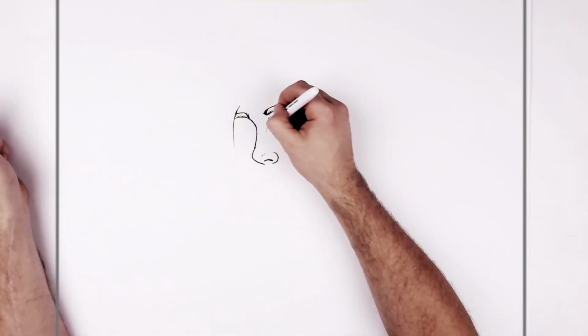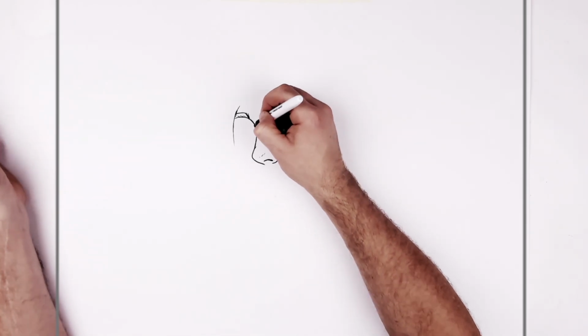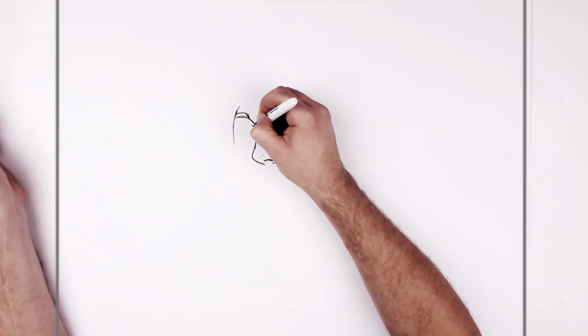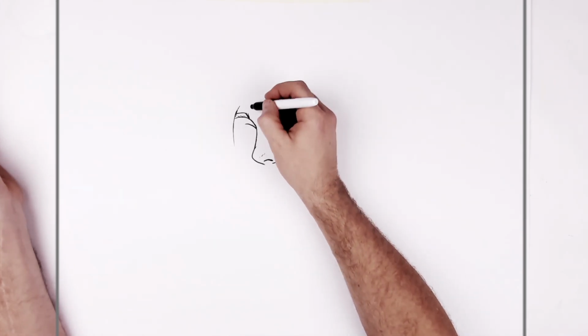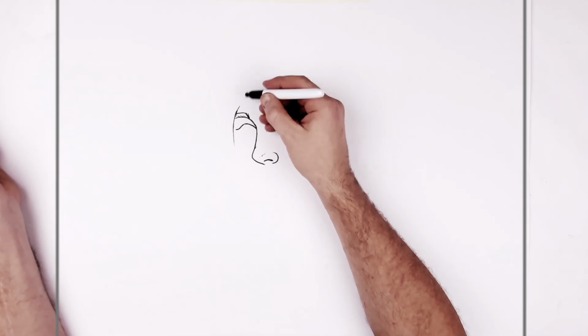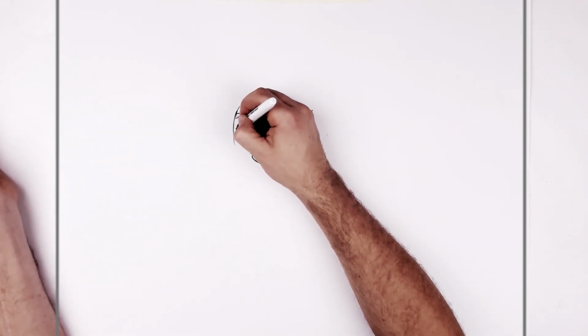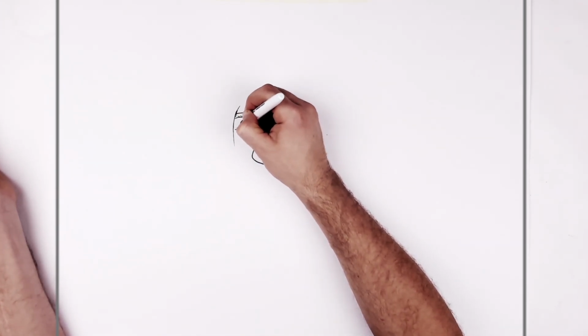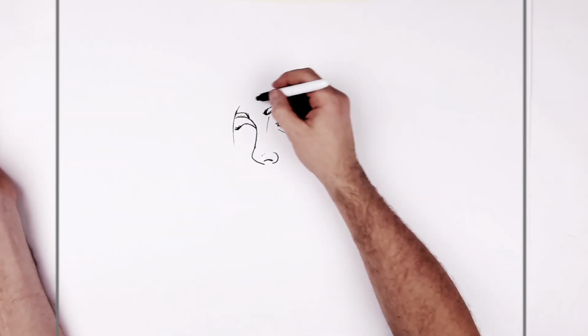And then her other eye is just in here, right? And we're in 3/4, so it curves up. And then we have loads of eyelashes and stuff sticking off here. Right?